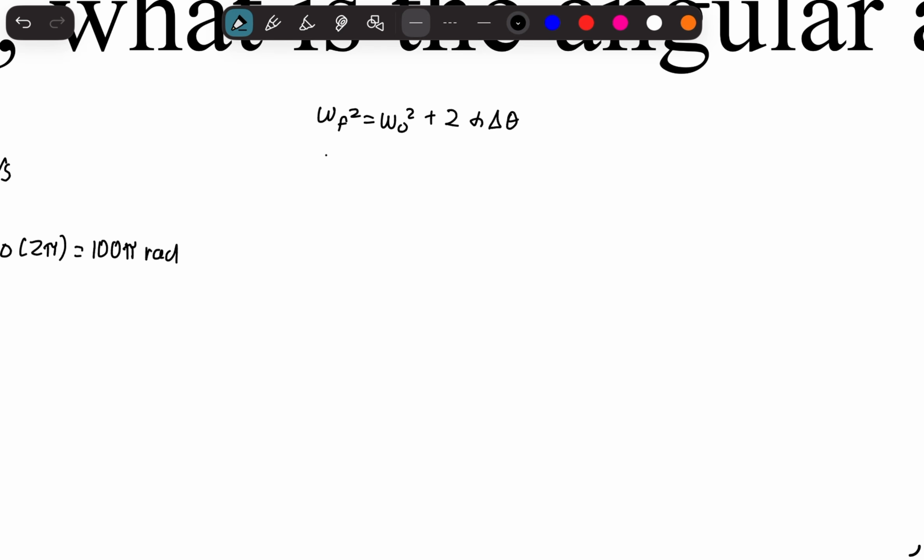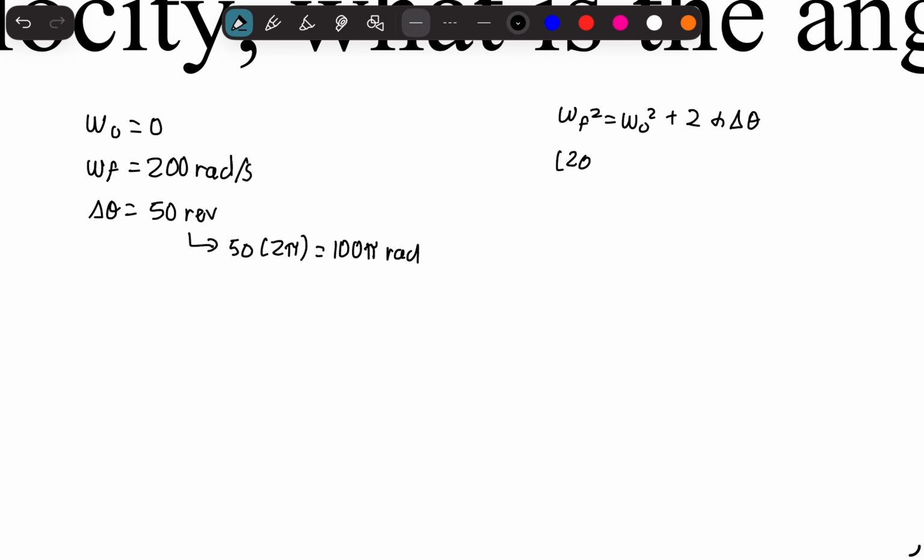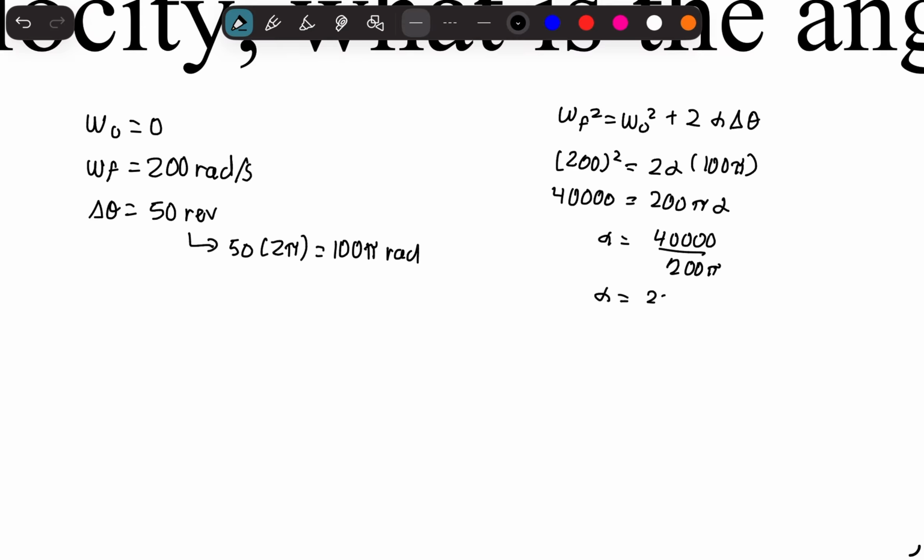So that's going to be plugging in our values, 200 squared is equal to 2 angular acceleration times 100 pi. So that's going to be 40,000 is equal to 200 pi times angular acceleration. Angular acceleration is going to be 40,000 divided by 200 pi. That's going to be 200 over pi. And that's going to be 64 rad per second squared.